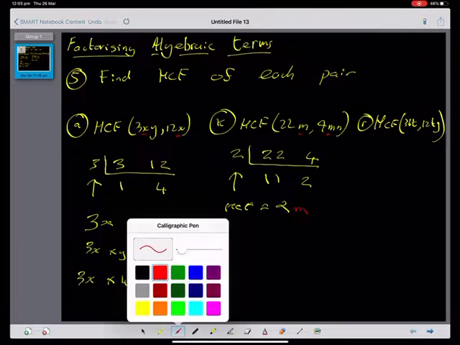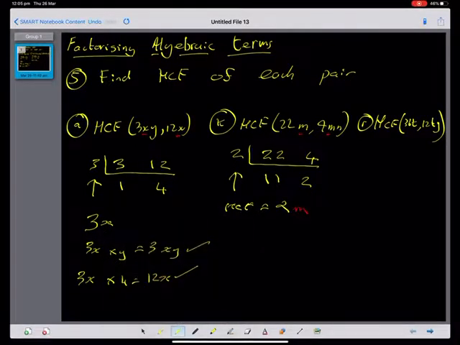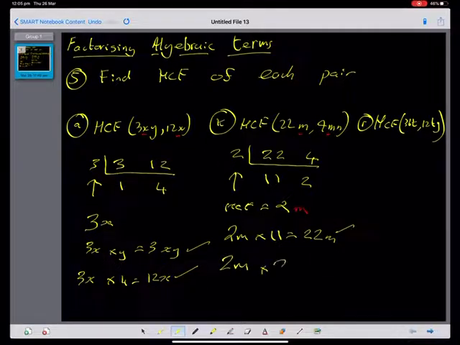And let's check to see if we can make the number. So we've got 2m multiplied by 11 gives 22m. That's fine. And we have 2m times 2n. 2 2s are 4mn.